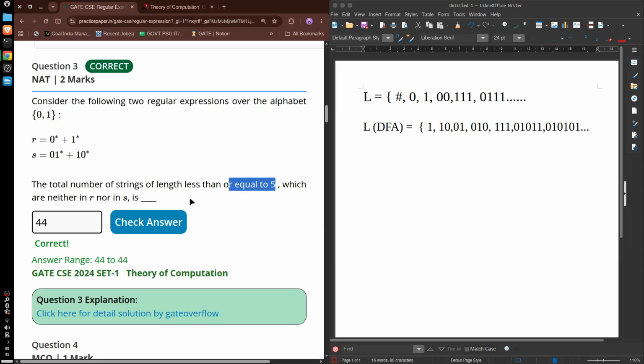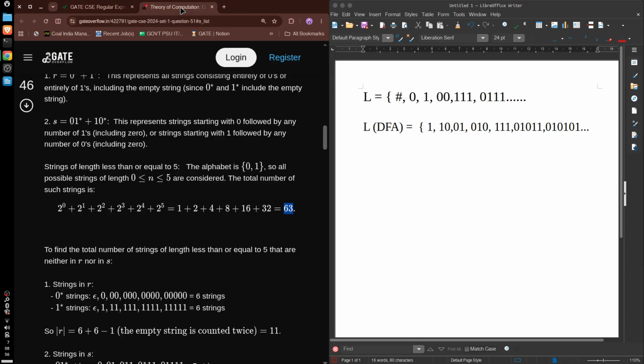The question is asking which of the strings are not in R nor in S. So they are asking not in R and not in S, right? We just want to know which of the strings are not in R or not in S. The total number will be 63.